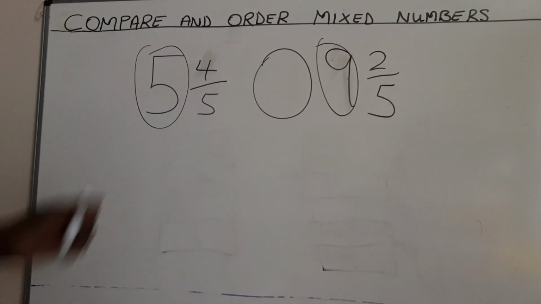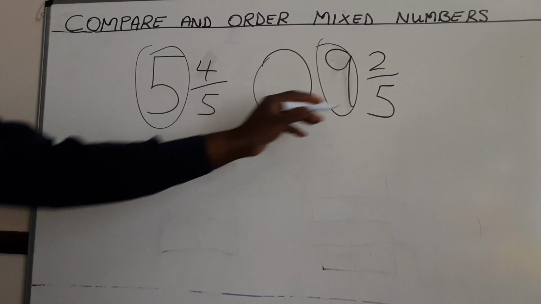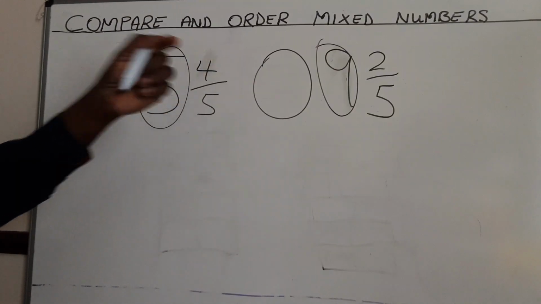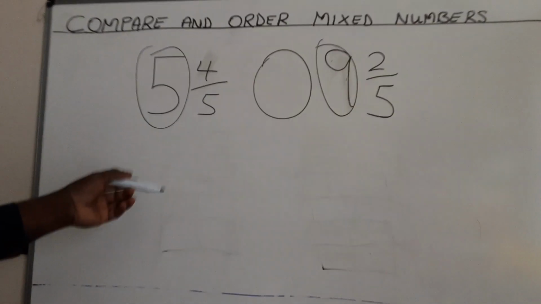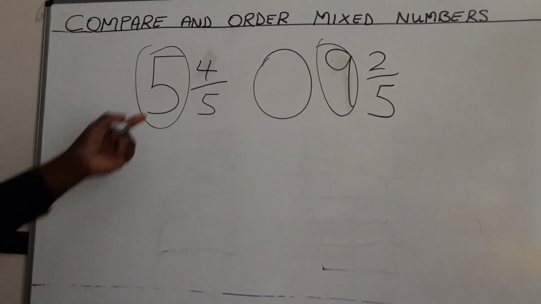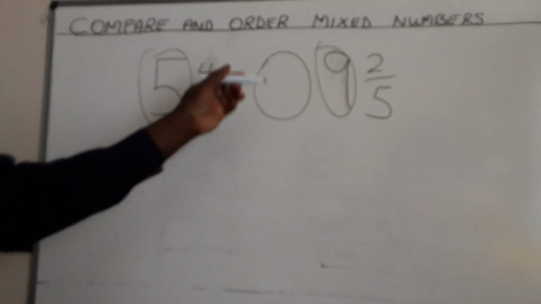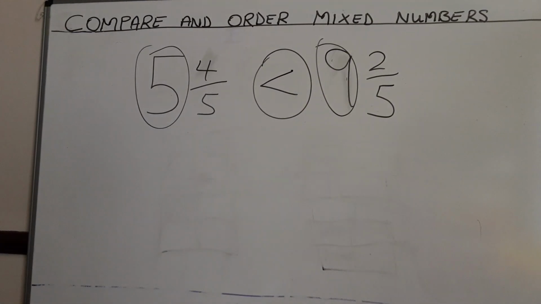So we don't even need to bother checking the fractions, because we know that the denominators are the same. All that we have to do is just check the whole numbers, and we can clearly see that 5 is smaller than 9. So the 5 whole is less than the 9 whole. I hope you got it right.